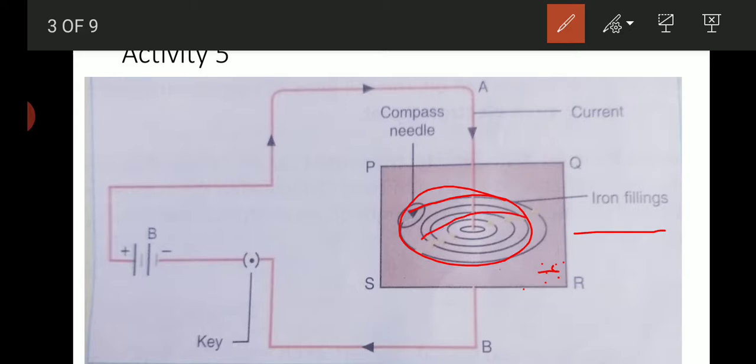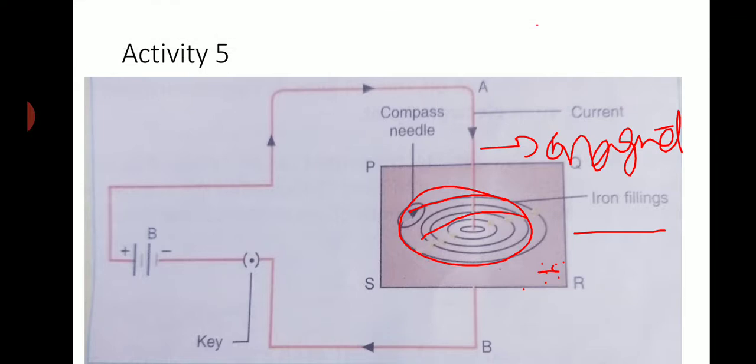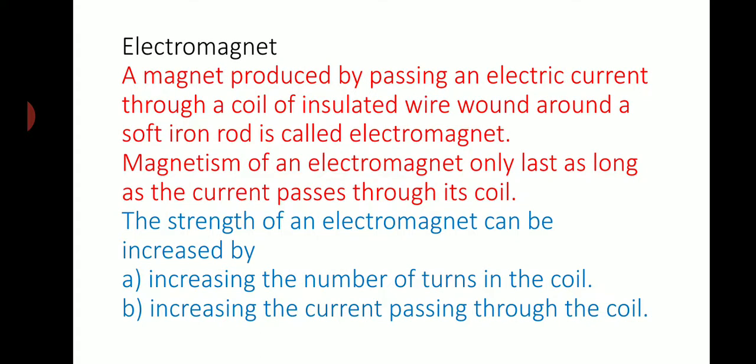So we can say that it is possible to produce magnetism without using a magnet, and a current carrying wire also acts as a magnet. This wire produces a magnetic effect just like a bar magnet, and we call this phenomenon the magnetic effect of the current.